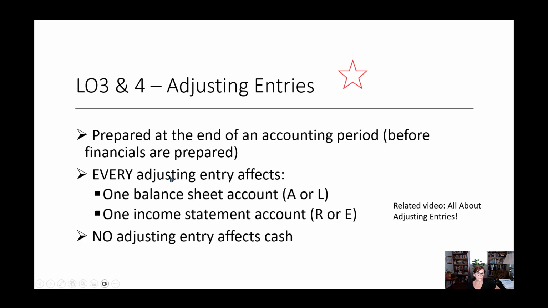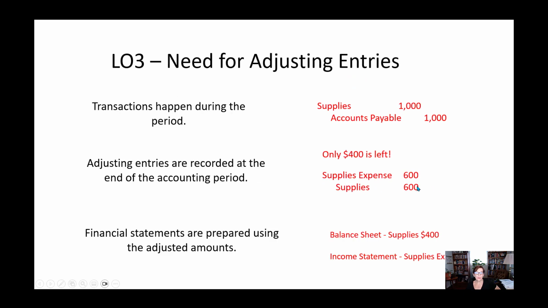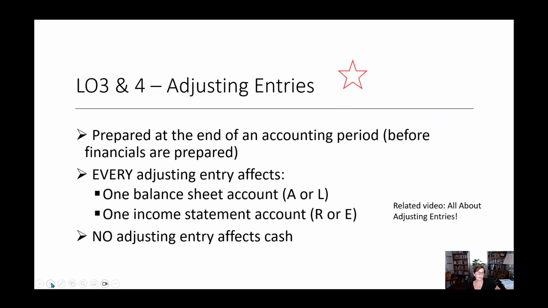Number 2, every adjusting entry affects one balance sheet account, either an asset or a liability, and one income statement account, either a revenue or an expense. So for example, let's say here we knew we had to credit supplies to bring it down to 600. Supplies is a balance sheet account. You know you're looking for an income statement account as the other part of your journal entry. Finally, no adjusting entry affects cash.